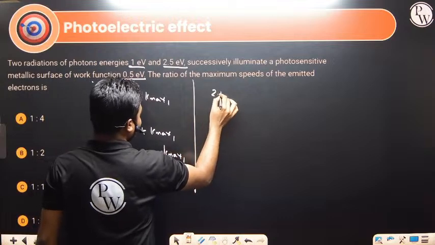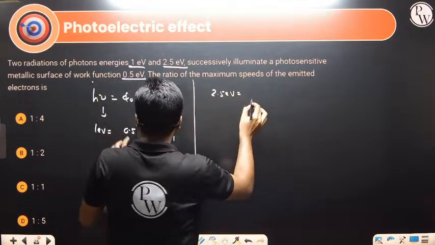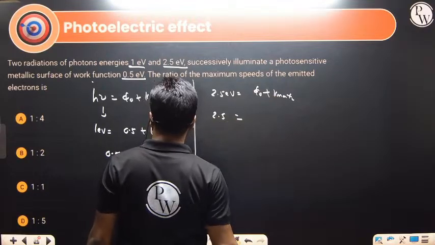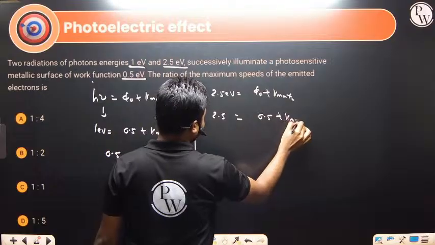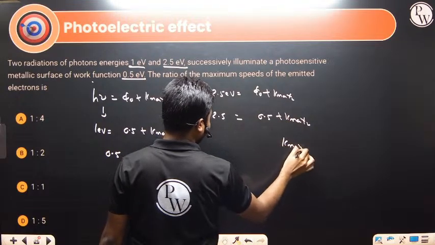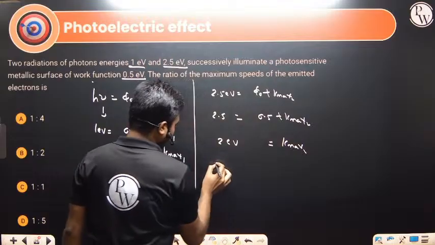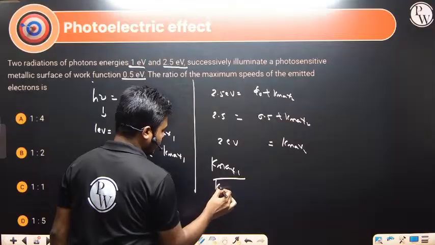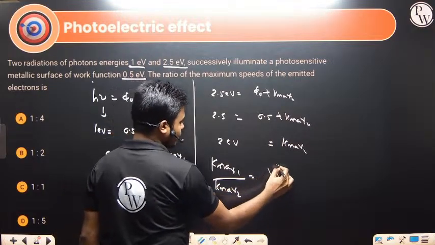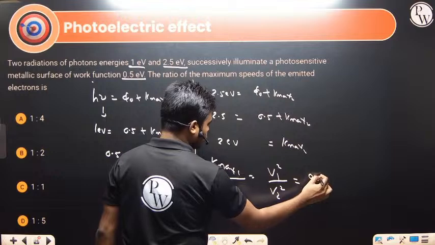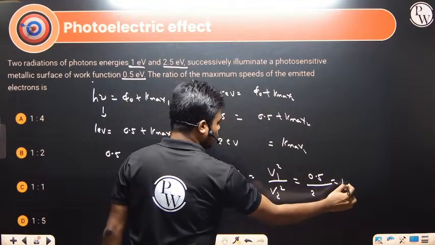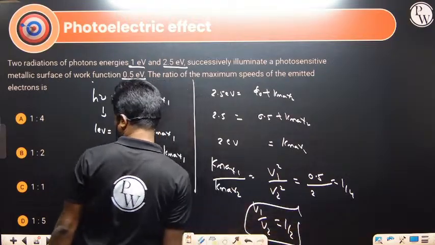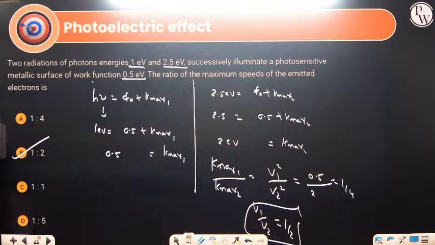Second, we are incident with 2.5 eV, given by phi naught plus k max 2, so 2.5 equals 0.5 plus k max 2, and k max 2 is 2 eV. So k max 1 divided by k max 2 equals V1 squared by V2 squared, equals 0.5 divided by 2, that is 1 by 4. If I take the root, V1 by V2 is 1 to 2. The answer is option B.